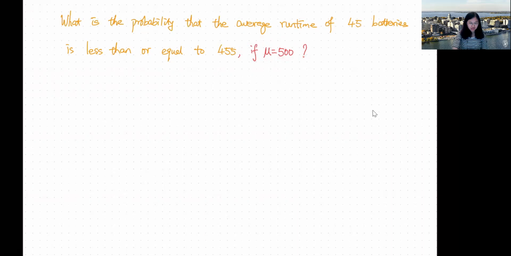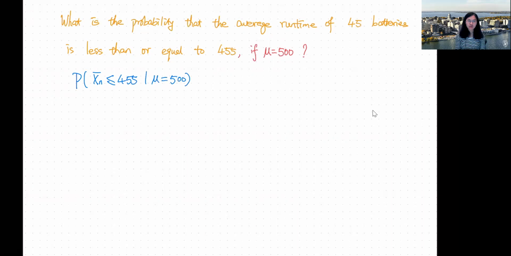So we can actually calculate this probability using the techniques that we used in last videos. What is the probability that X n bar is less than or equal to 455, given that mu equals 500?